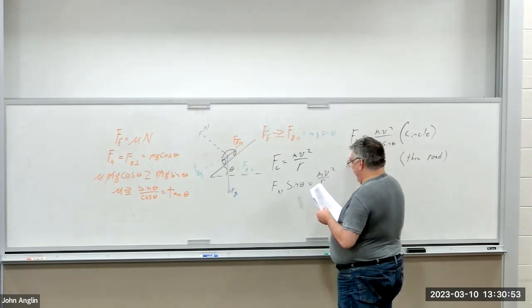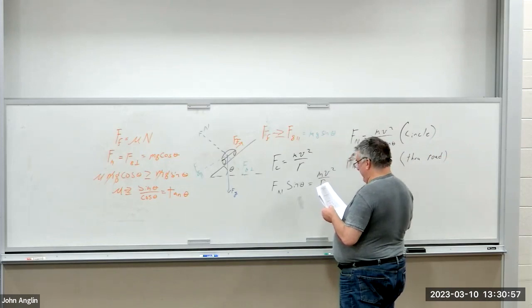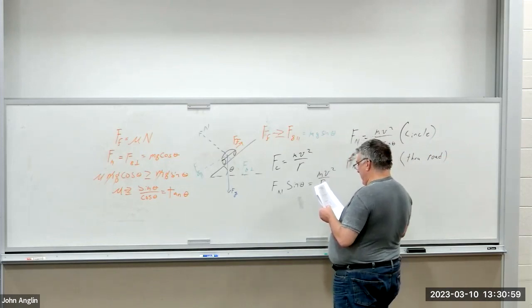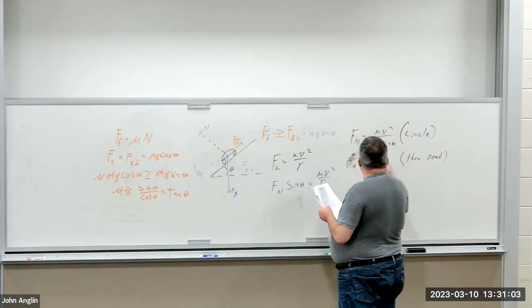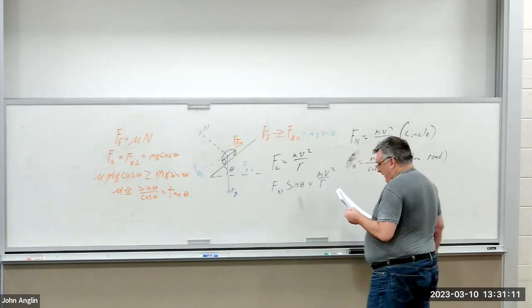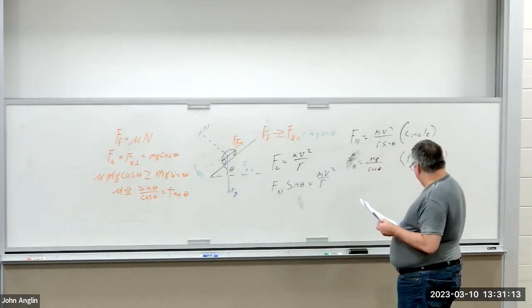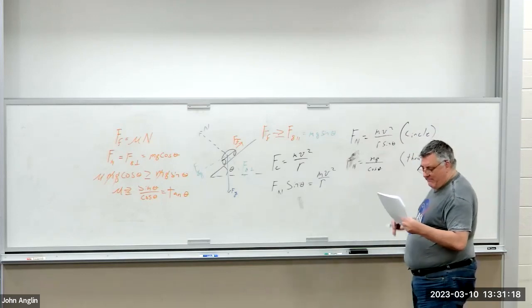Then Fn has got to be mg over cos theta. Remember, we're just balancing forces. In order for this to be true, both of these have to happen at once, right? To keep the car stable.